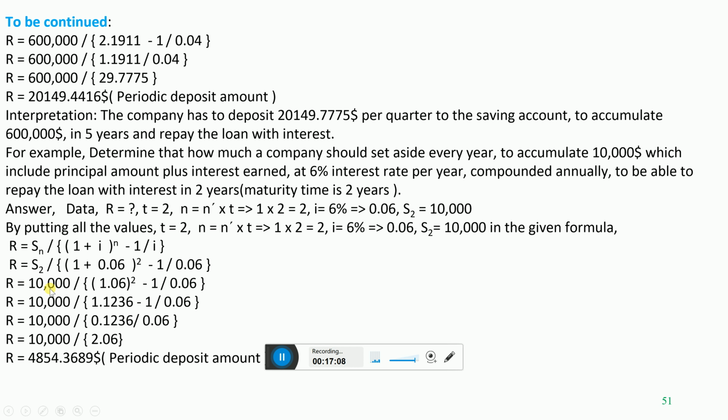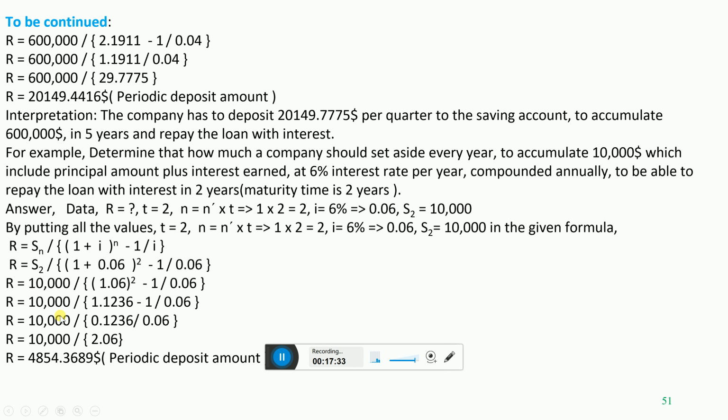Now periodic deposit R is equal to $10,000, this is the future value of the annuity account that the company has to pay to the bank, divided by 1.06 raised to the power 2 minus 1, divided by 0.06. R is equal to $10,000 divided by (1.06 raised to the power 2 will give us 1.1236, minus 1) divided by 0.06.